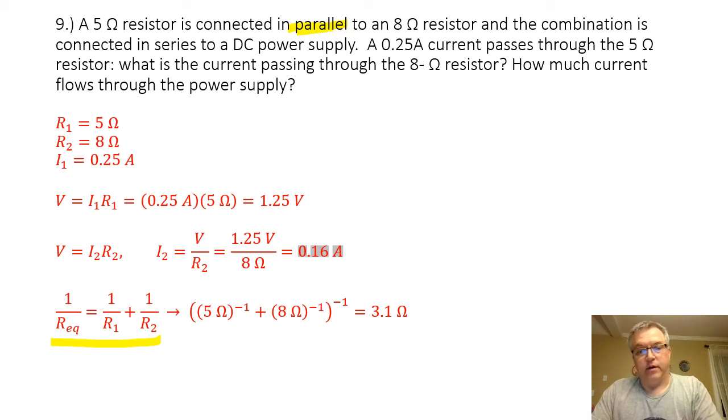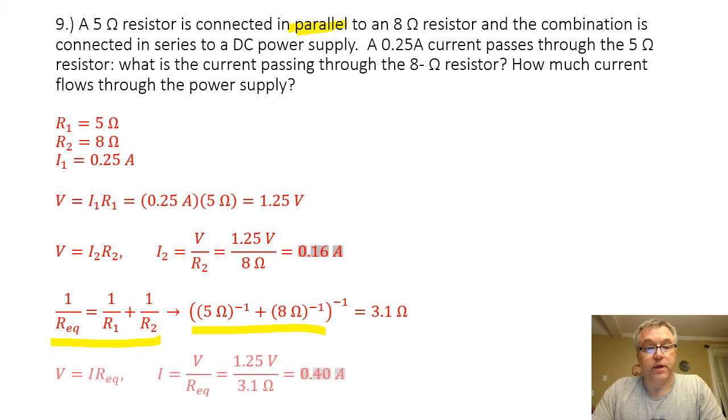In my calculator friendly format, I take the inverse of the 5 ohm resistor, add the inverse of the 8 ohm resistor, take that sum and find the inverse of that, and I end up with an equivalent resistance of 3.1 ohms. Now to find the current passing through the power supply, I take the voltage, 1.25 volts, and divide that by the equivalent resistance, 3.1 ohms.